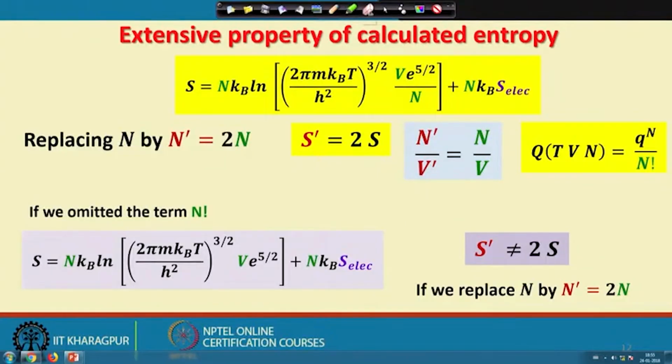The other reason why Gibbs wanted to introduce this N factorial is that unless you do so, you are not taking into account the fact that you have identical particles constituting the gas. We have already discussed many times that in order to avoid overcounting of the microscopic states of a system, we should be dividing by N factorial in the case where I have identical particles.